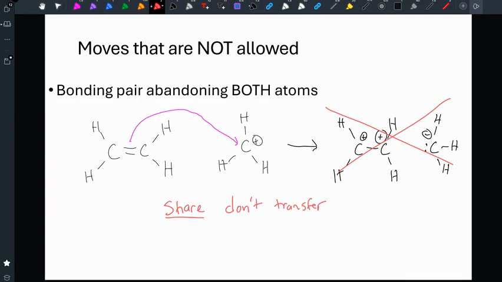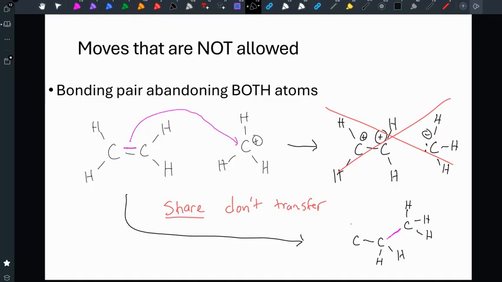So if we were to have this situation, the actual products would look like this. I would share that bond. This bond would now become a bond between two new carbons, or one new carbon and one old carbon.